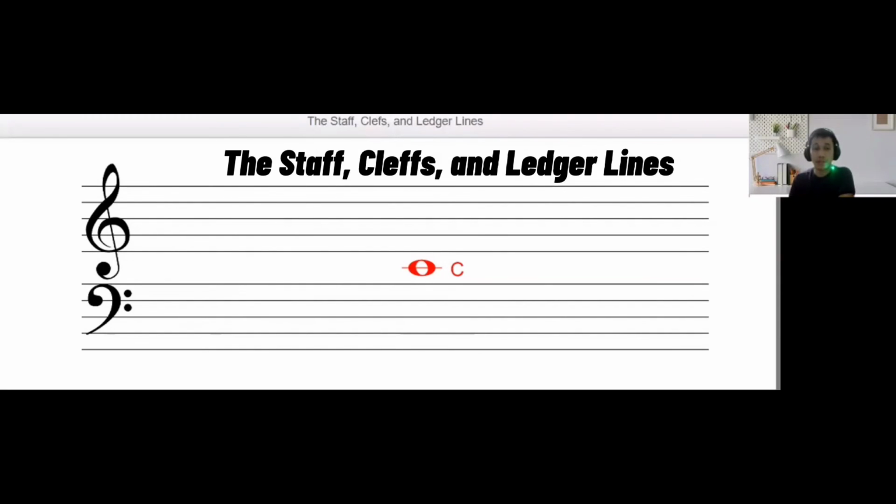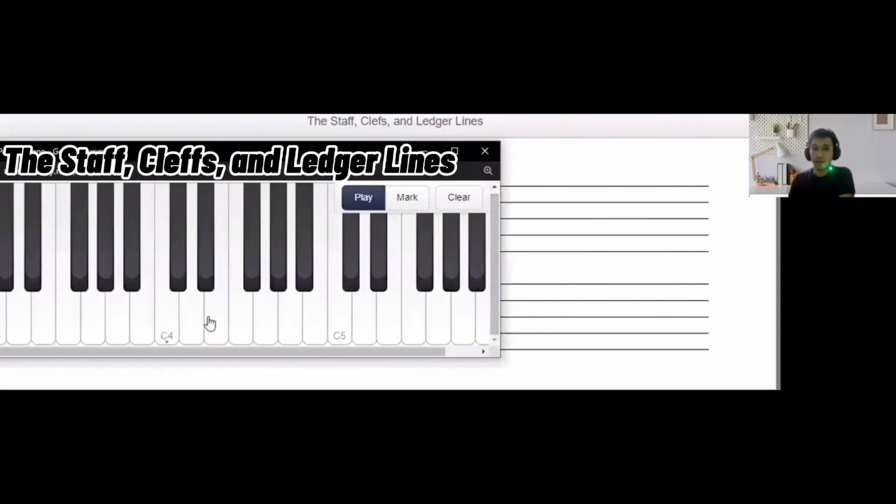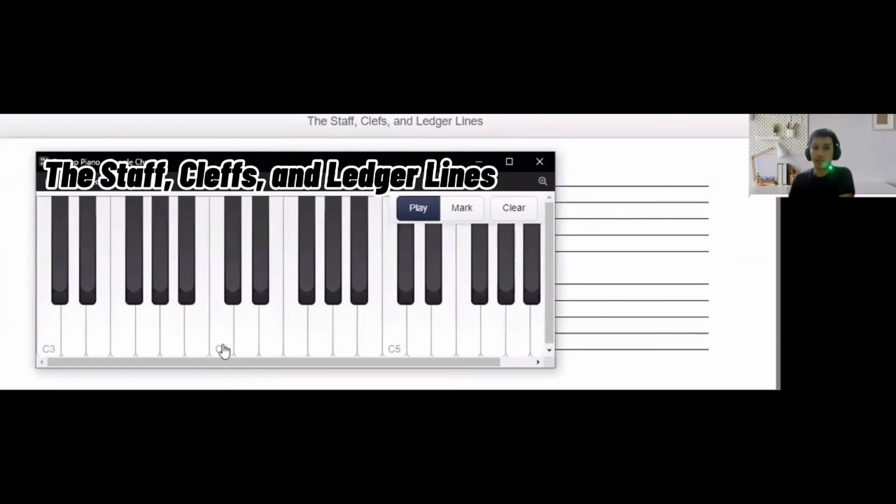This C is commonly called middle C since it corresponds to the middle line on the grand staff. Your middle C is located on your C4.